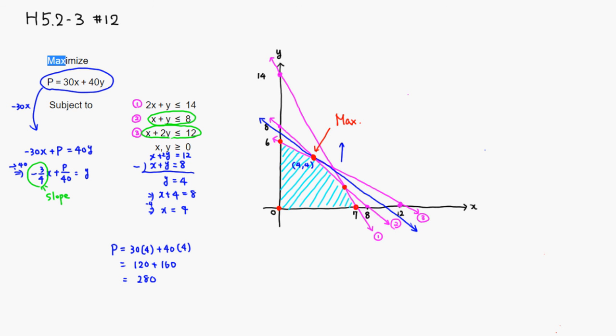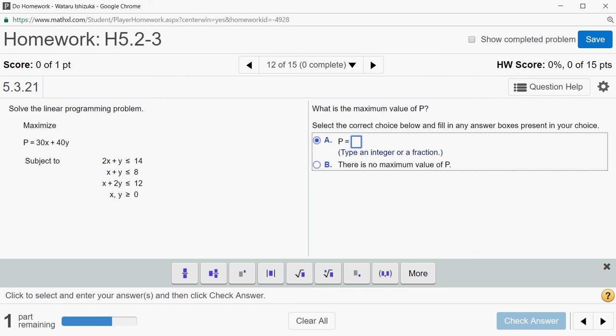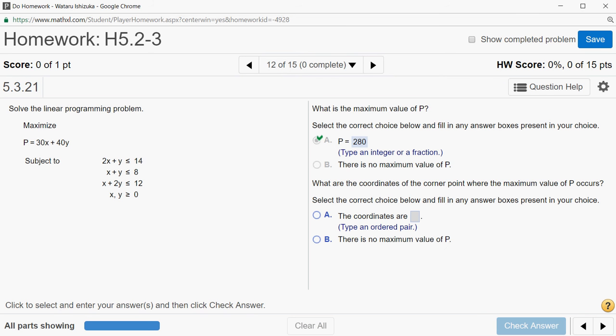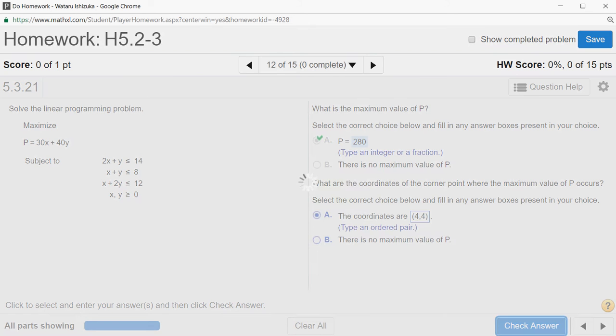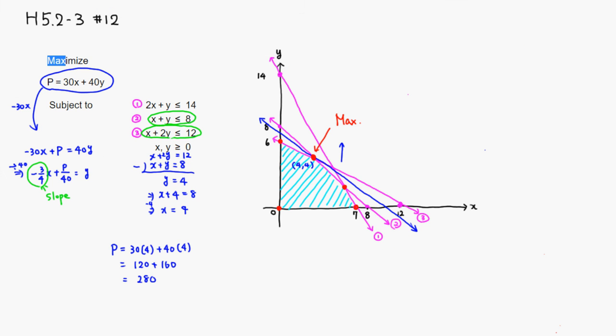So the biggest profit would be 280. Let's plug it in and check the answer. We got that. Then the coordinates are 4, 4. Check the answer. All right, that's it. I hope that this was clear.